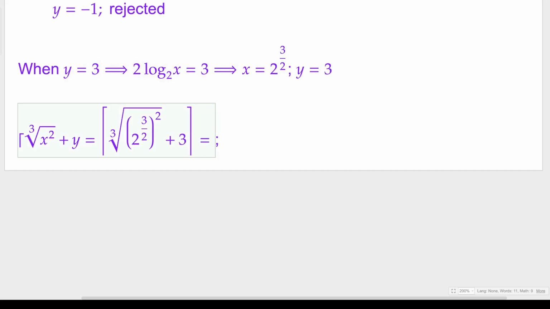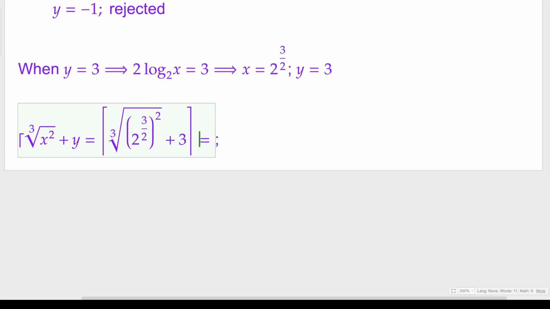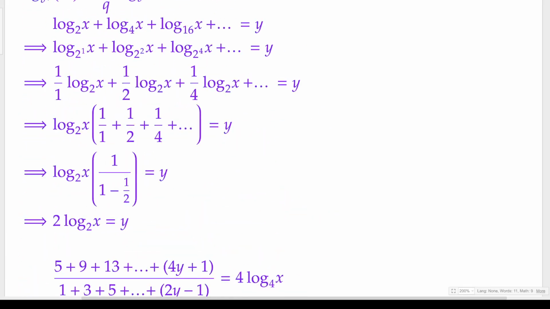Now you can observe here that the 3 over 2 and this 2 get cancelled out, and 3 to the power of 1/3 remains. So on cancellation, this is effectively 2. Finally, if I take the ceiling function, one part resolves to 2, the other resolves to 2, then 2 plus 3, and the ceiling of 5 is 5 itself. Therefore 5 is the answer for this particular problem statement.